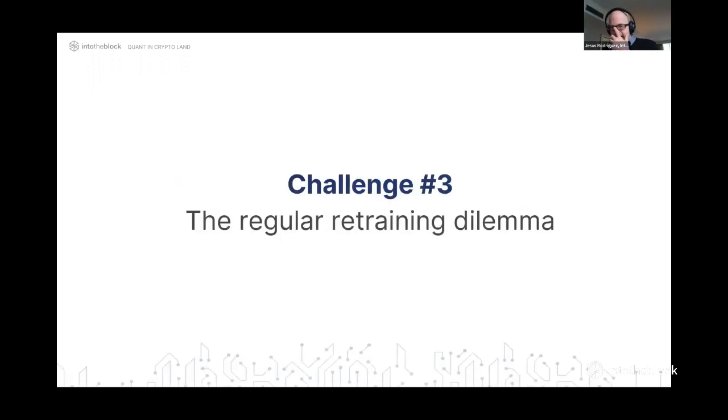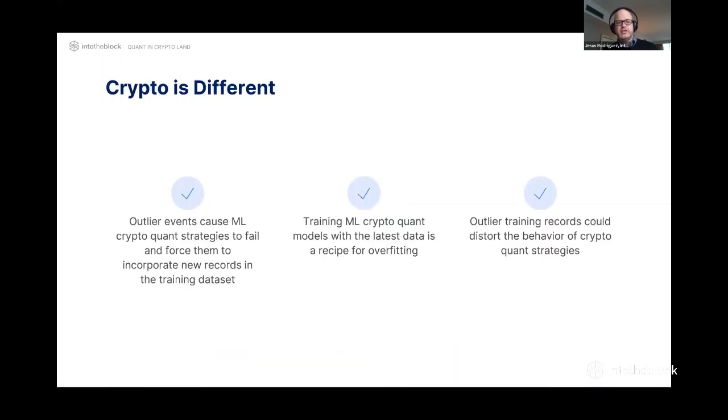Then, for lack of a better term, there is this challenge that we identified, that we named the regular retraining dilemma. It goes like this, right? If you're building a quant strategy in crypto based on predictive models, those predictive models need to be trained. So you use some historical data and train the model to make a specific prediction. Now, what happens when there are outlier events, like I just mentioned?